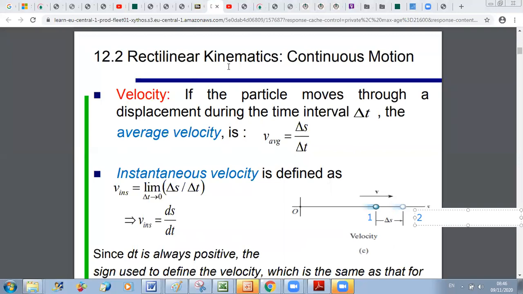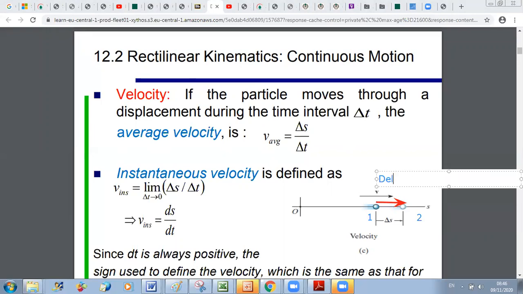When moving from 1 to 2, you are doing a certain displacement delta S, equal to S2 minus S1. Then the average velocity when going from 1 to 2 is defined as V average equals delta S over delta T.